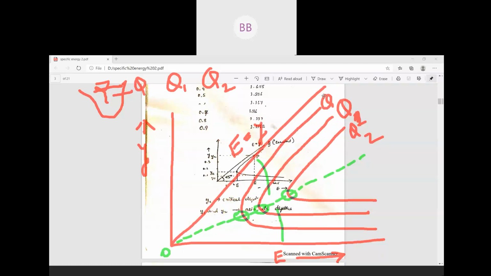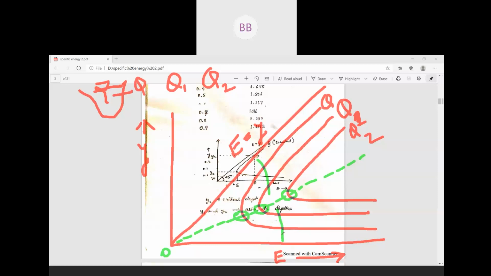If you consider that first curve, this one as Q, and join from 0 to that particular minimum specific energy by a straight line, then this line divides the whole specific energy curve into two portions: one is the upper portion and one is the lower portion.